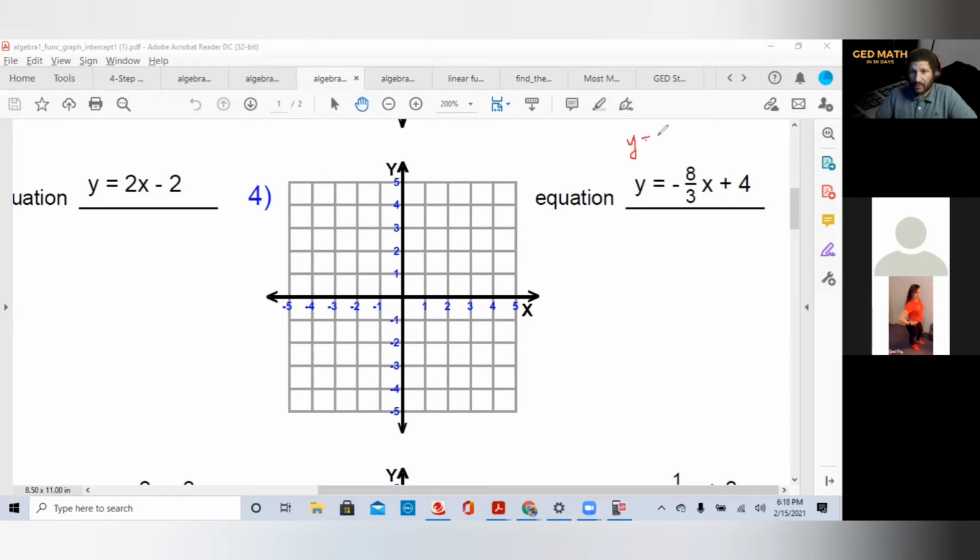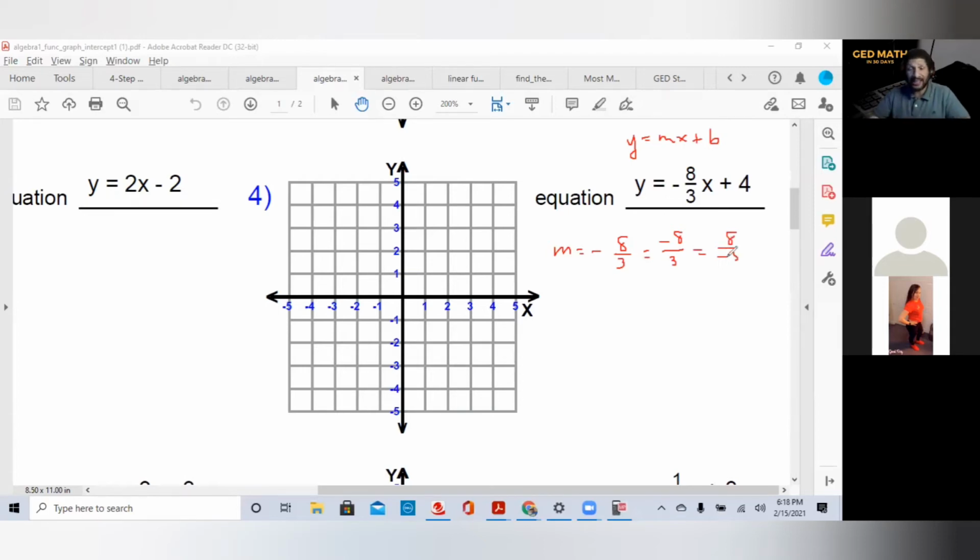What's our slope? This is slope-intercept form. What is our slope for this equation? -8/3. So this is important. Remember the question you just asked. It's -8/3. Well, -8/3 could be -8 over 3, or it could be 8 over -3.